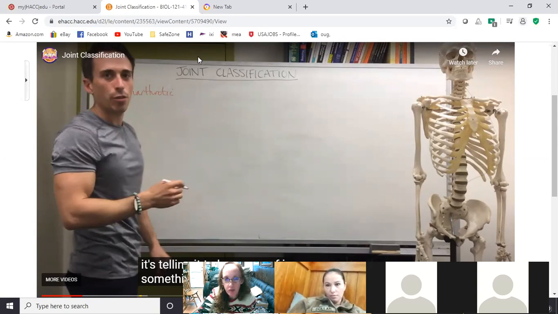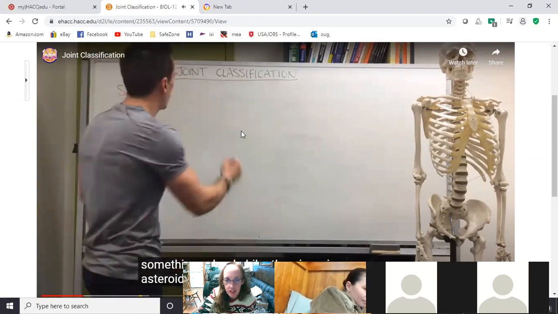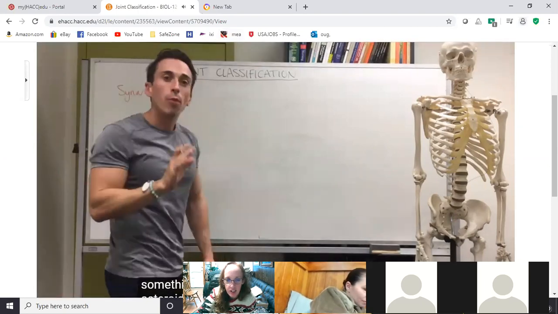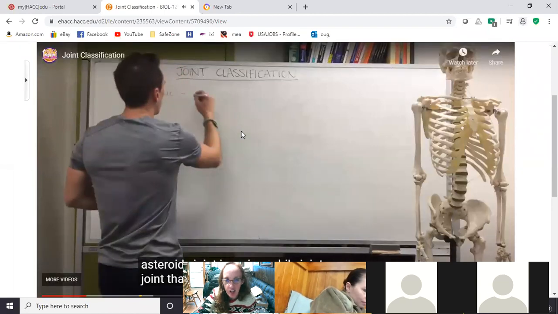It's on the first page, activity 3. A synarthrotic joint is an immobile joint, a joint that cannot move. Okay, you guys got that? Immobile joint, so a joint that cannot move.